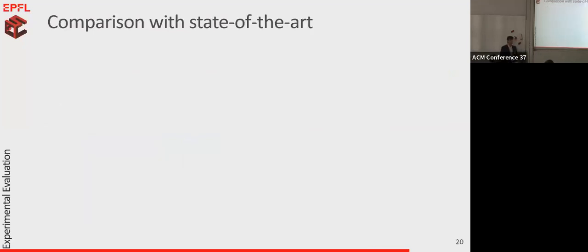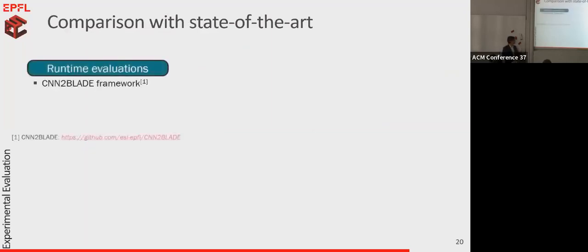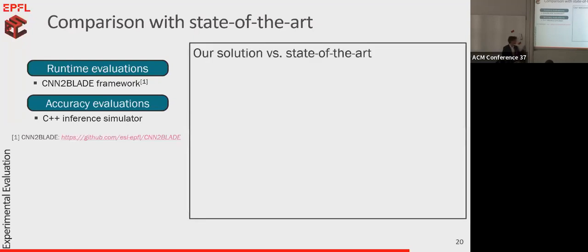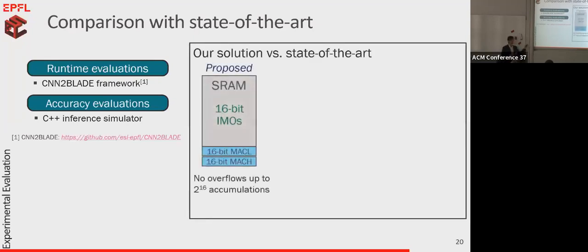Let me now compare the overall approach with the state-of-the-art alternative. So we have a cycle-accurate simulator to measure performance, as well as a C++ inference simulator to retrieve more accurate accuracy evaluations, because it implements real fixed-point arithmetic. So we consider three different solutions. One is our proposed approach, where the compute memory has an additional register to prevent overflow.